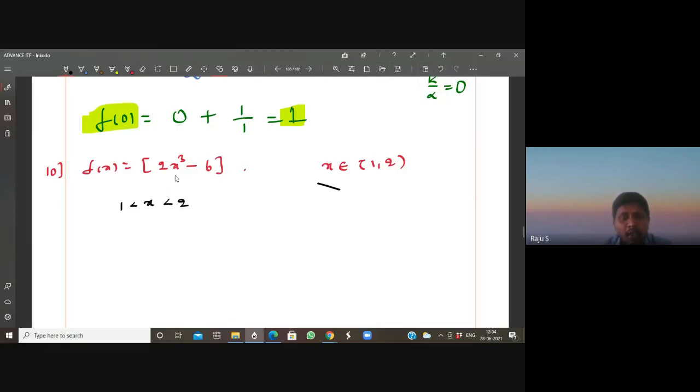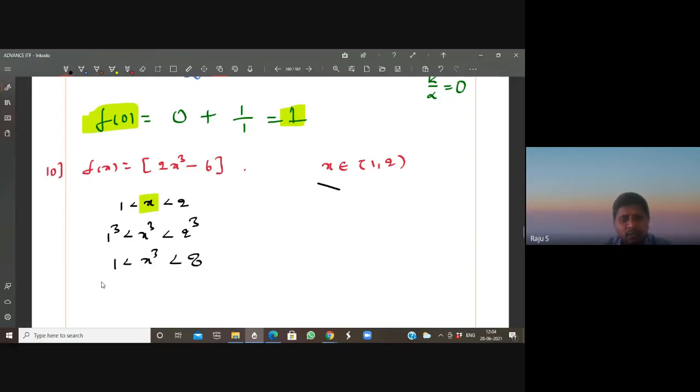Right? Okay, fine. But here in the given question, x cube is there in the function. I want to change the middle value, x, in terms of f of x. For that, what to do, student? Simple, change the middle value to 2x cube minus 6. First cube each and every term: 1 cube less than x cube less than 2 cube, nothing but 1 less than x cube less than 8.